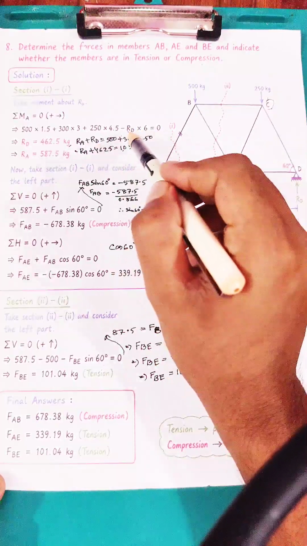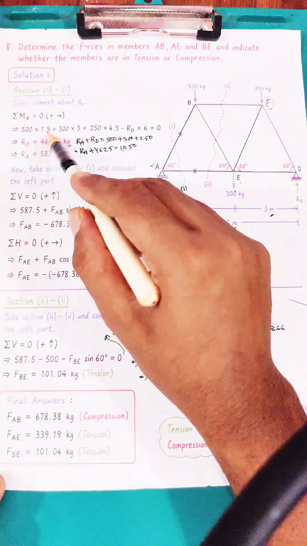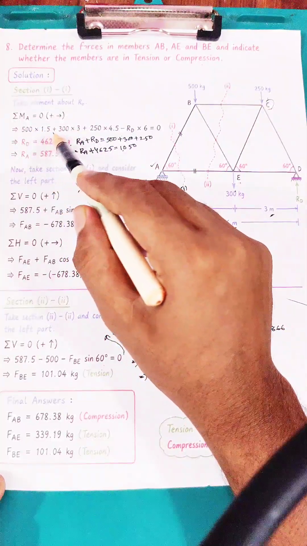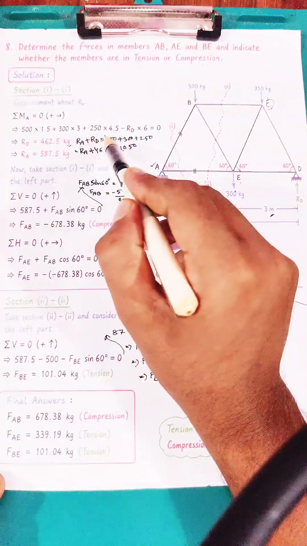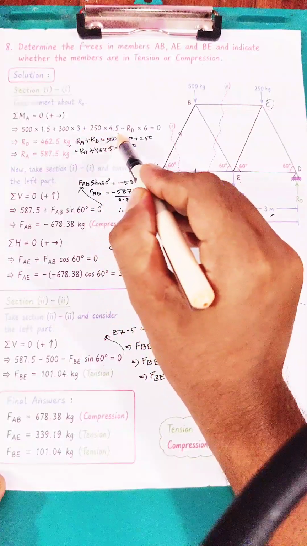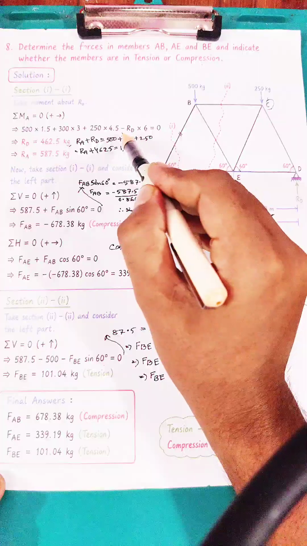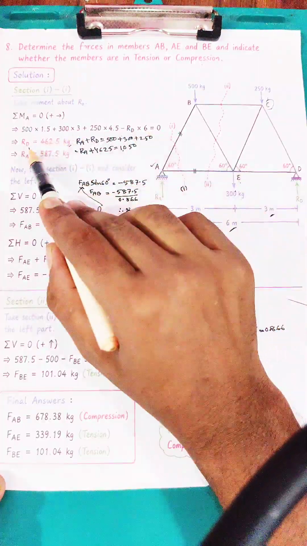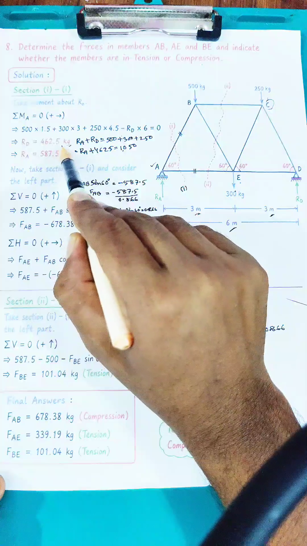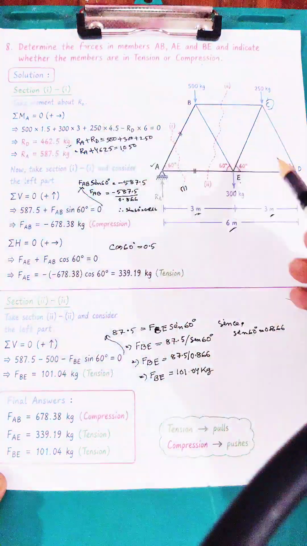Now calculate each term: 500 times 1.5 equals 750, 300 times 3 equals 900, and 250 times 4.5 equals 1125. Therefore, RD equals 462.5 kg.